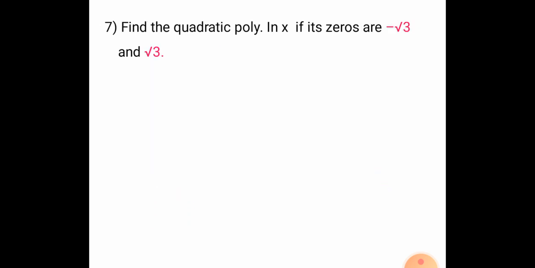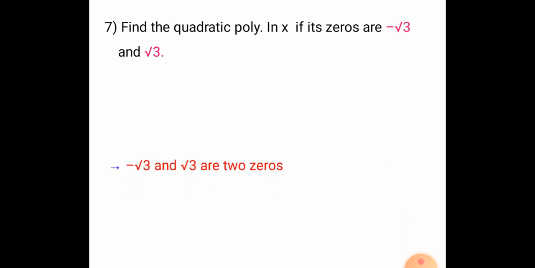In the last example, now two zeros are given in terms of root sign and you are supposed to find the quadratic polynomial. Now the two zeros are x equal to minus root 3 and x equal to root 3. Also you can say that alpha and beta.